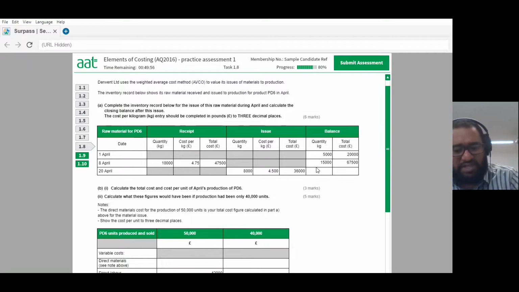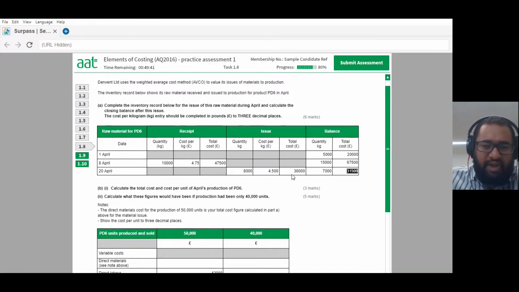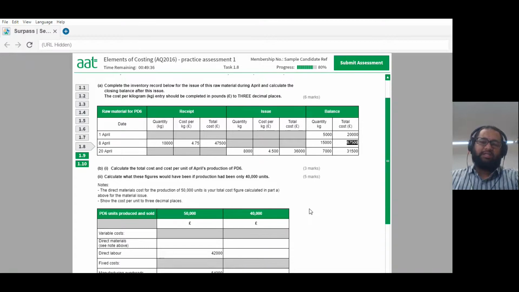That leaves you with 7,000 kilograms. The amount is going to be 7,000 multiplied by £4.50, so that gives me 31,500. You add this figure to that figure, and you should get 67,500 easily.